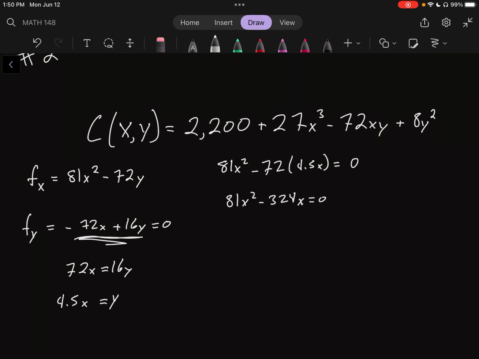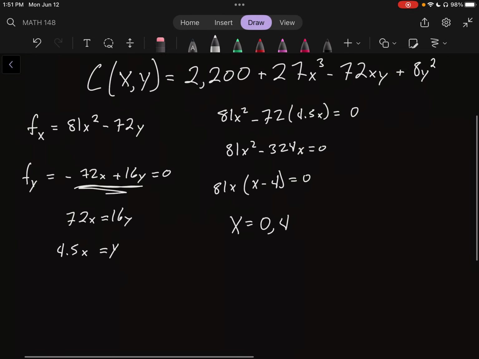I believe 324 is divisible by 81. 324 divided by 81 is 4, so we can factor out 81x. Just x minus 4 equals 0, which means x equals 0 and 4.